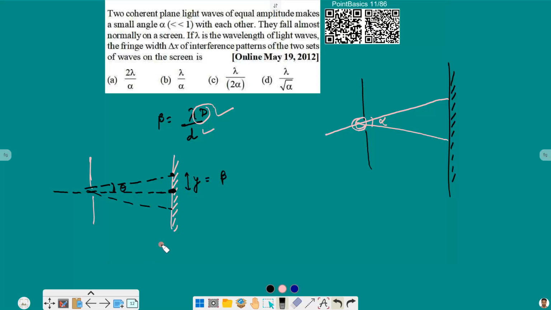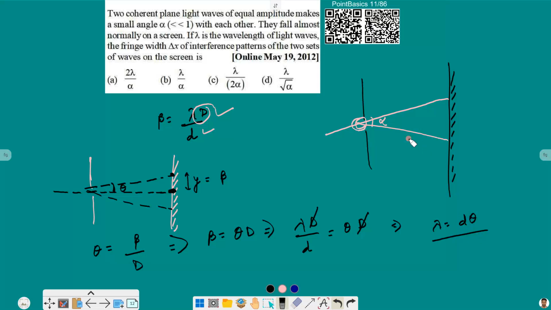Now this beta can be written as, we know that theta is going to be r, that is beta, divided by the radius, and that distance is going to be D. So we can say from this that beta is theta times D. Now beta is lambda D by small d, equal to theta times D. Now D gets cancelled, and from this we can write that lambda is equal to d times theta.